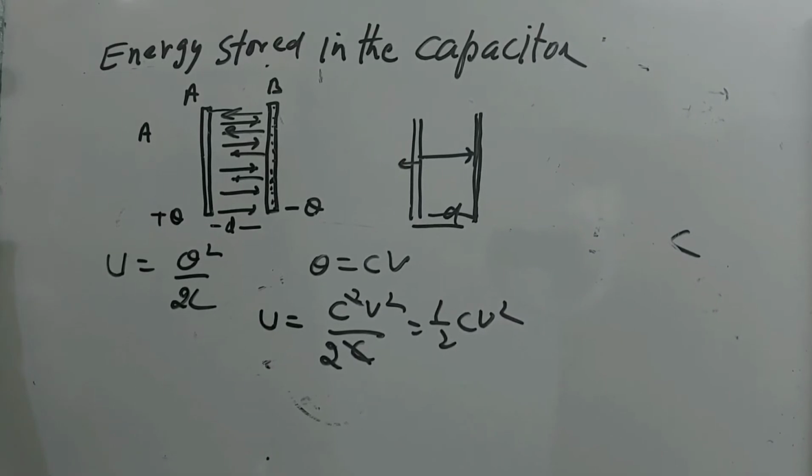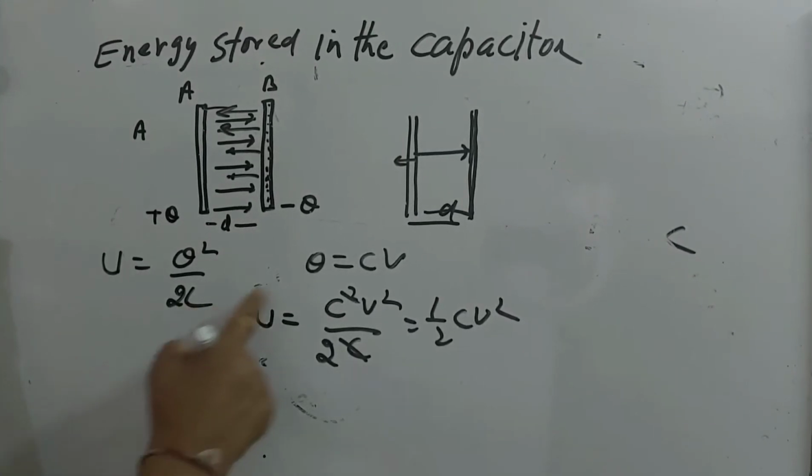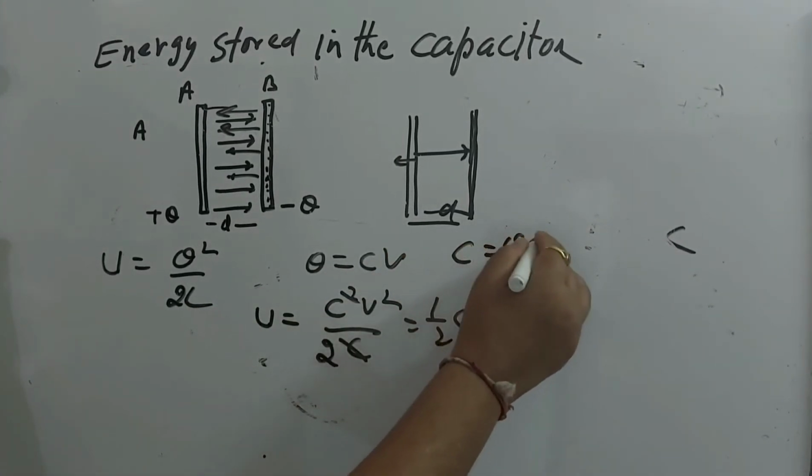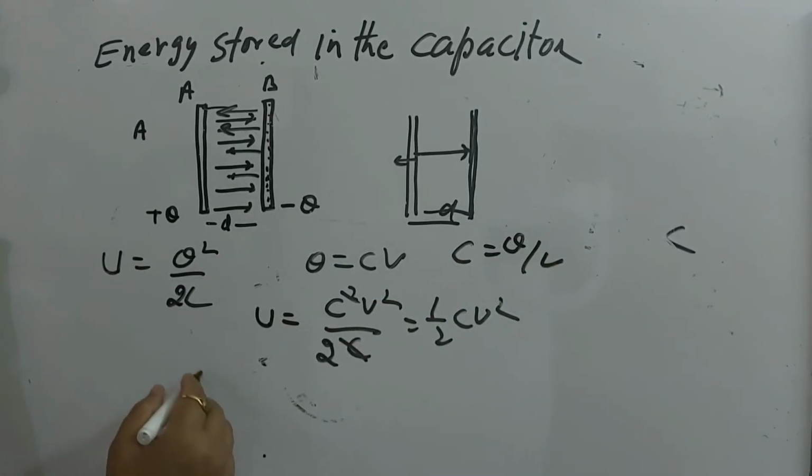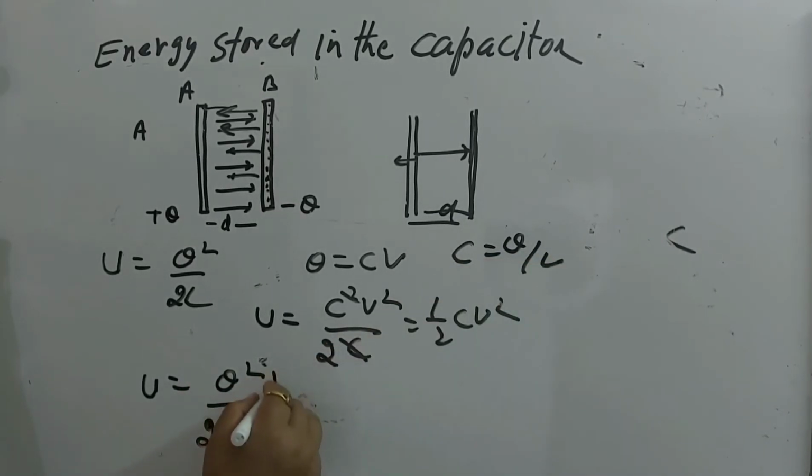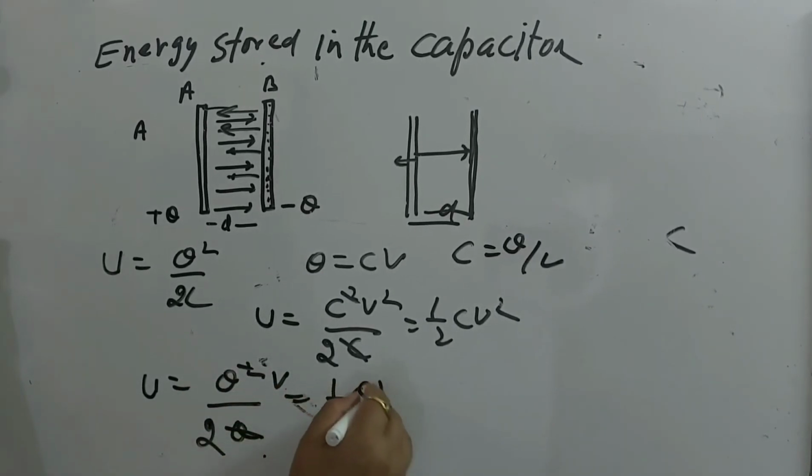And similarly, if we eliminate this C, because C is equal to Q by V, so we can say this U is also equal to Q square by 2C. For C we can write Q by V, so V we can take in the numerator, and this will be equal to half Q into V.